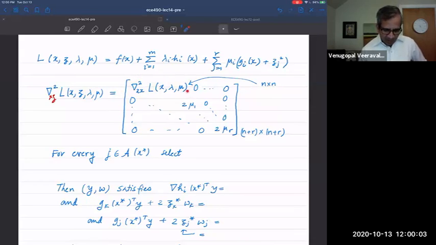But those will not really involve the Z's, because the Hessian with respect to X and Z don't really mix with each other, because Z is just an additive component in L. So what will sit up here in this top left corner is just the Hessian of the Lagrangian involving only X.